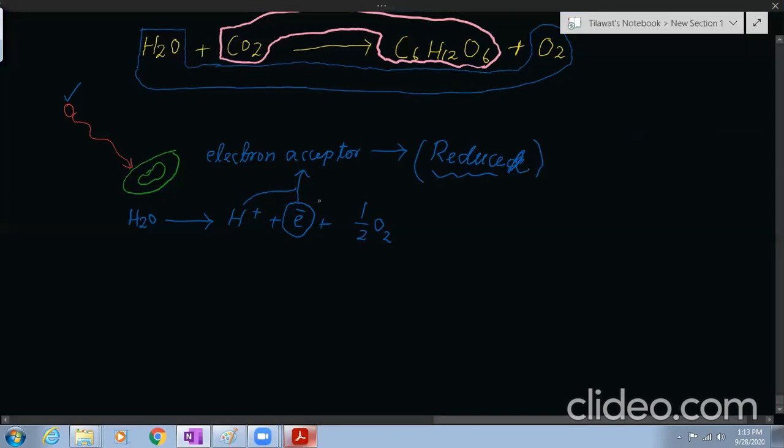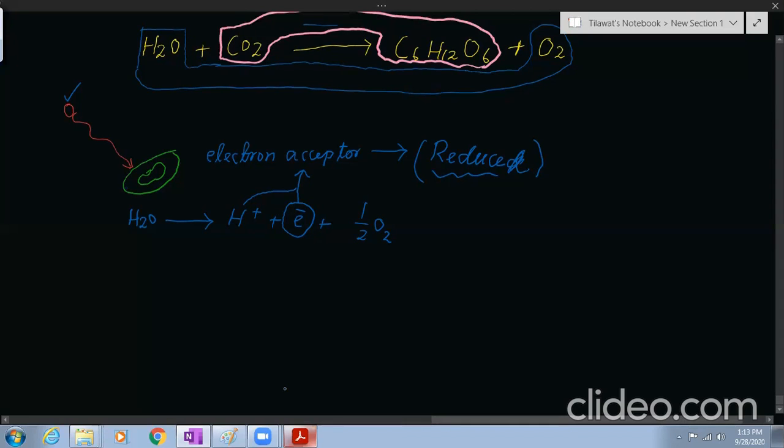So he found that the conversion of carbon dioxide into glucose is actually the dark reaction of photosynthesis, and this reaction has no link with the light reaction. What did he conclude?